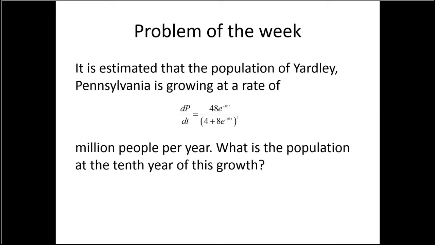We're estimating that the growth rate is that many million people per year. And what we want to know is what is the exact population at the 10th year of this growth. So we have the rate, but we want to go backwards and find the population. Kind of the opposite of what we did before. Before, we started with population, and we wanted to know the rate.